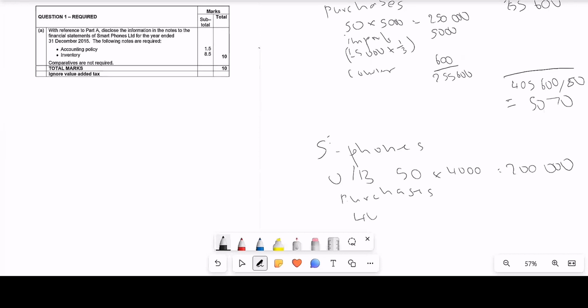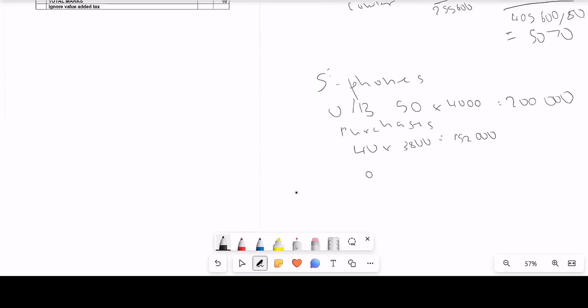And we bought 40 units times 3,800, which gave us a total of 152,000. And here we only incurred the courier costs, which was 400. So it's going to be 152,400.